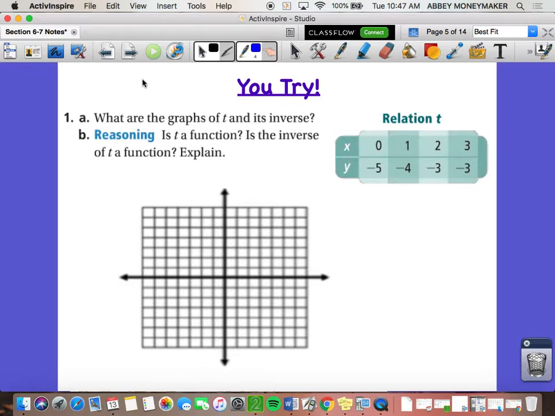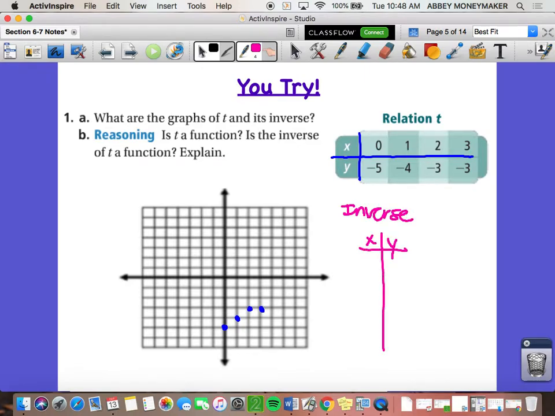So on this next one, if you want to go ahead and try this on your own, you're more than welcome to. The first thing I'm going to do is plot these points in blue. So we have, this is just a sideways table, by the way. So we have (0, -5), (1, -4), (2, -3), and (3, -3). So now I'm going to plot the inverse. I really don't like sideways tables.